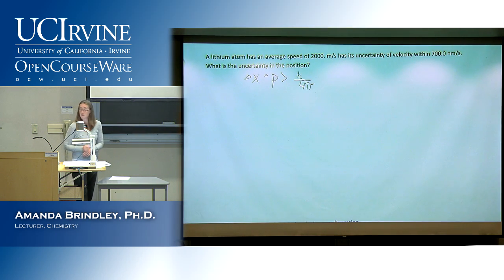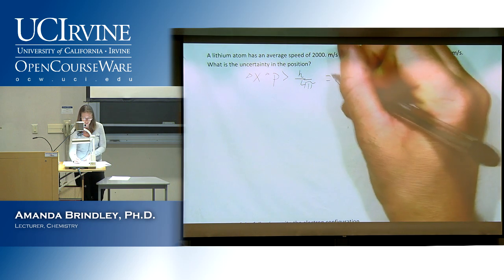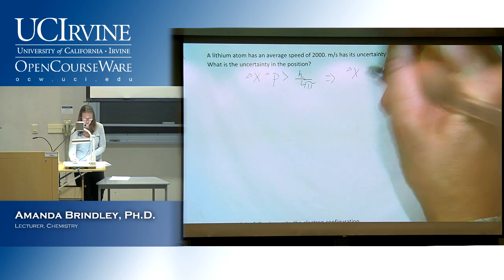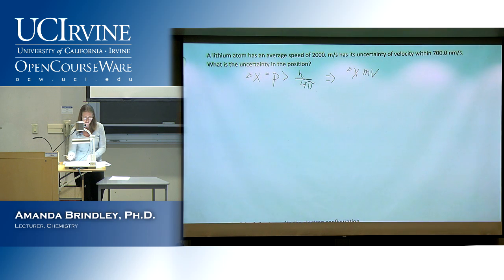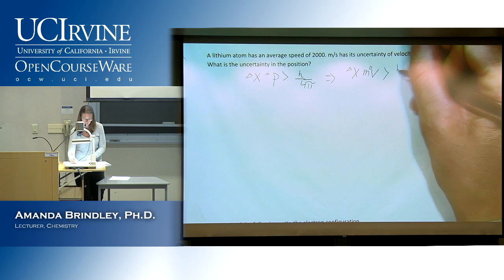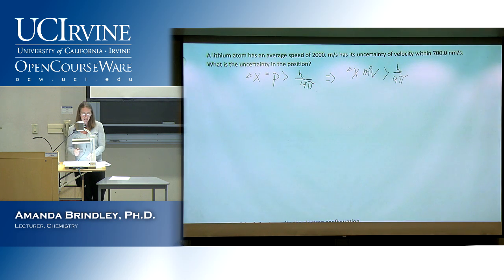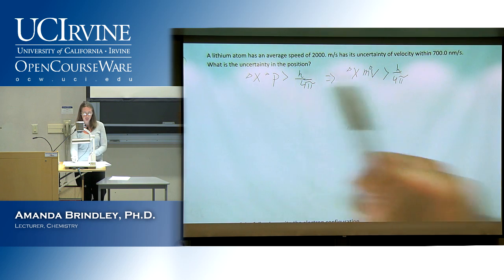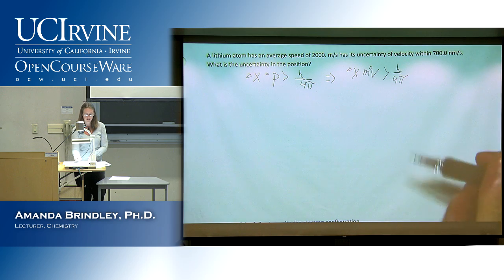All right, so what is p here? Momentum, which is equal to m times v, or delta v. And we want to know uncertainty in position, which is delta x.